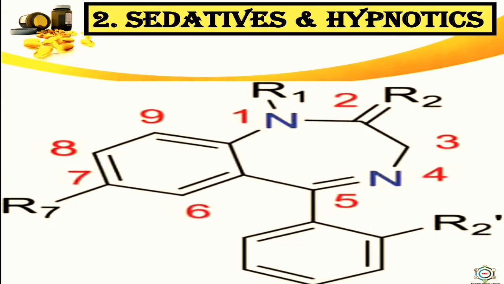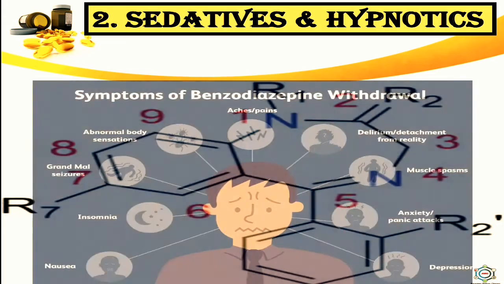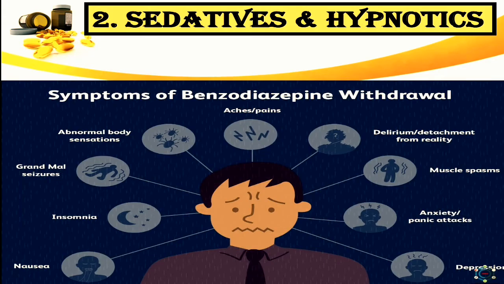Now this is the chemical formula of benzodiazepines. These are anti-anxiety as well as sedative drugs and have been described earlier. You know that in the first group, that is tranquilizers, here also benzodiazepines. Due to the anti-anxiety and anti-tension properties of the sedative hypnotics, their abuse has dramatically increased. Now, symptoms of benzodiazepine withdrawal.